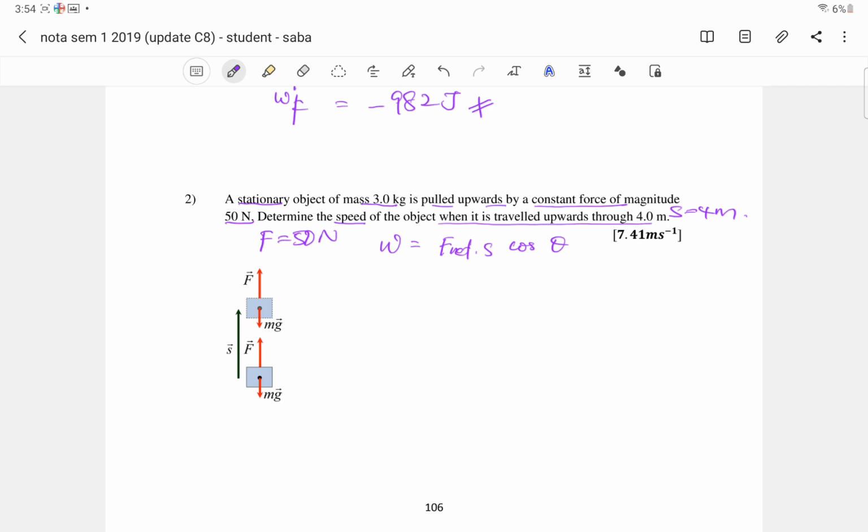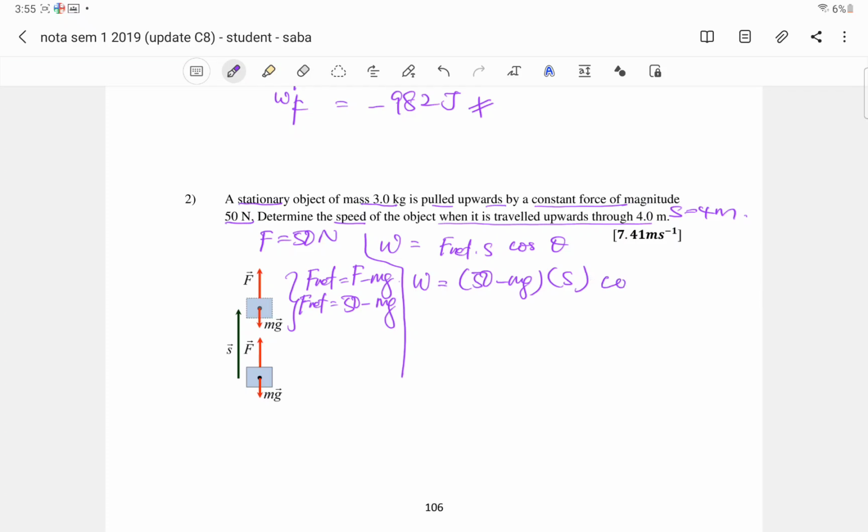So we have our F net here. Our F net is F minus mg, so net is 50 minus mg. So here W equals 50 minus mg times S.